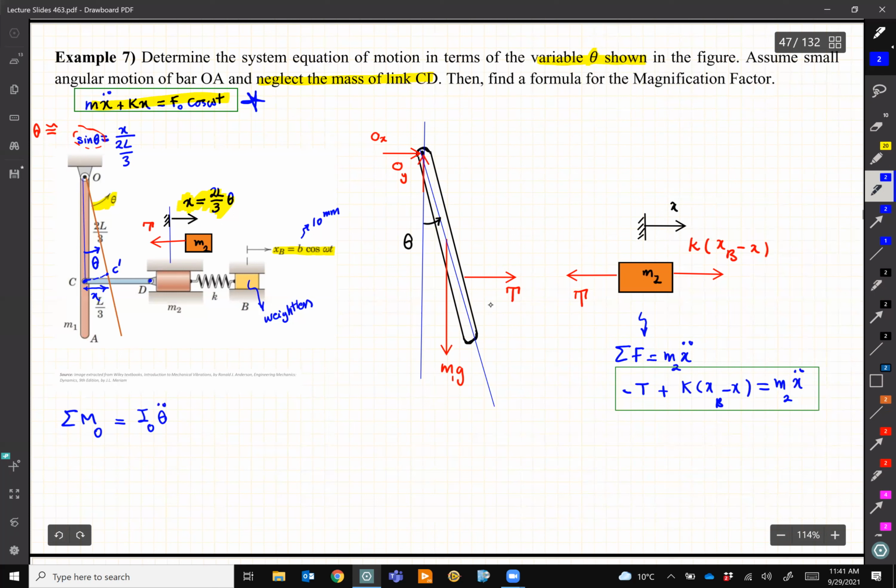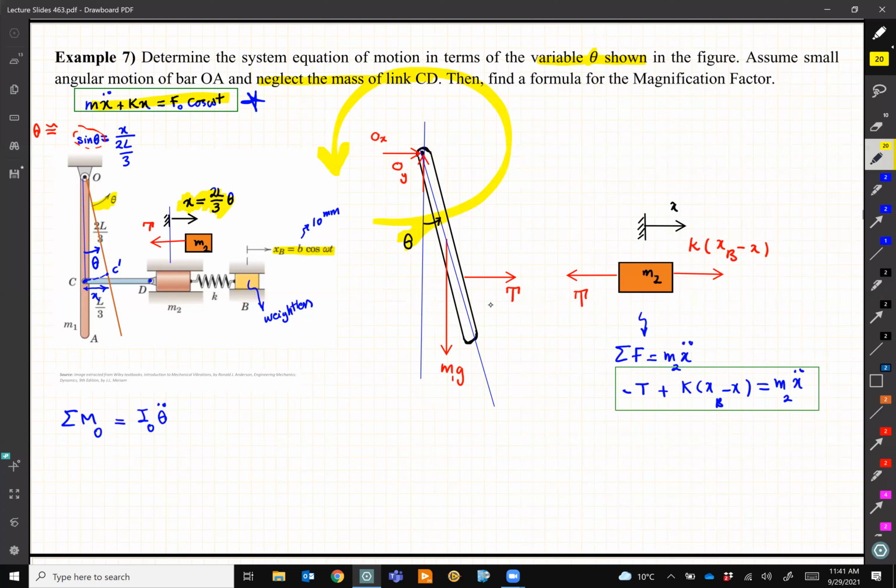The Euler law, because it is fixed at one point. Remember the positive sign here is whatever theta we decided, which says if I'm rotating in that direction, it is positive. So anything that helps this rotate that direction is going to be positive. Opposite of that is going to be negative.